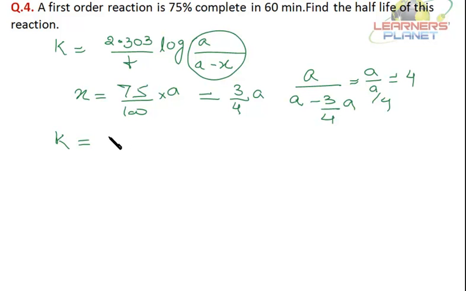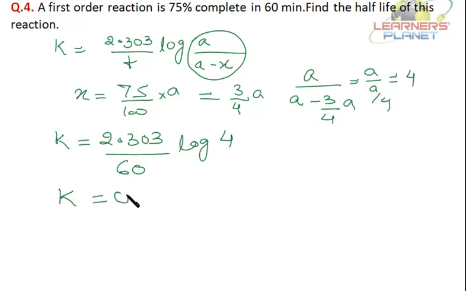So let's put the value: 2.303 by T. T is given as 60 minutes. Log of 4. Now what you have to find is the value of log 4, right? So just solve this question. You'll get your K as 0.0232 minutes inverse.